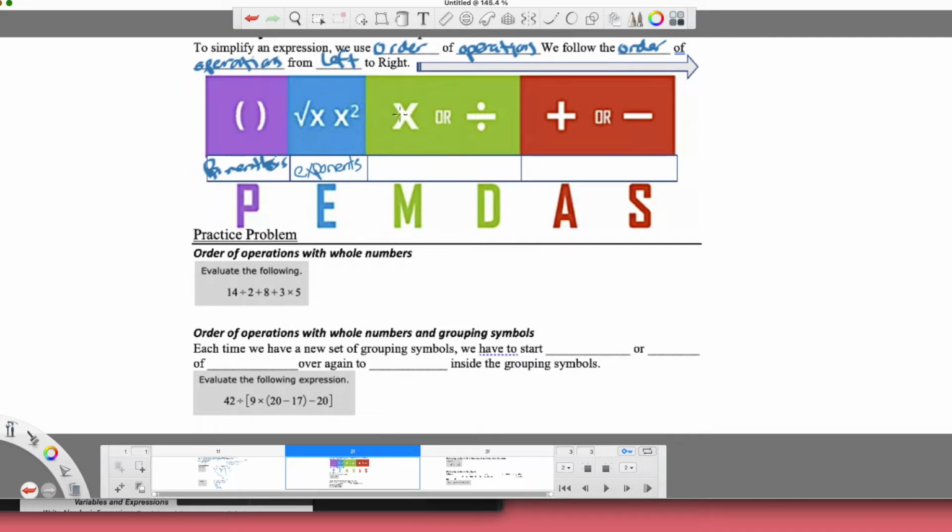Multiply or divide. I said X. We don't really use X anymore. We use the dot or just smushing things together, like if we have a variable and a number, we just smush them together to show that it's being multiplied. But X is one of those iconic things that we use for multiplication, so a lot of the time when we see a big symbol or diagram, we see that X still. So it's multiply or divide from left to right.